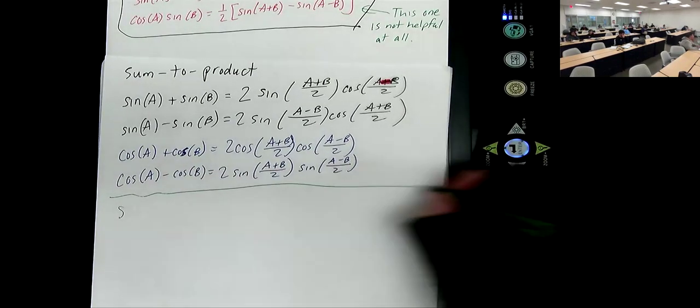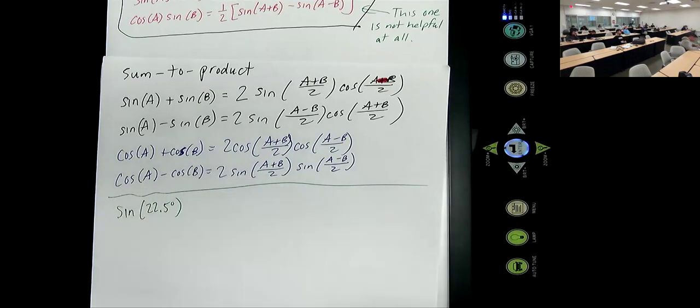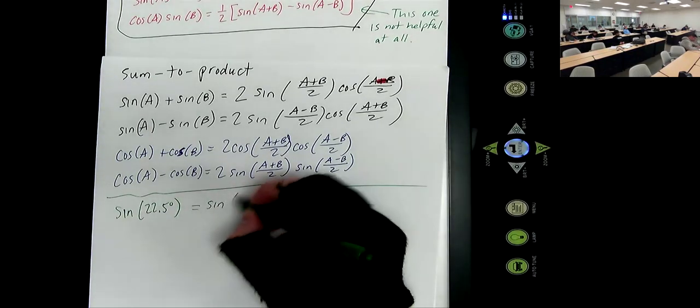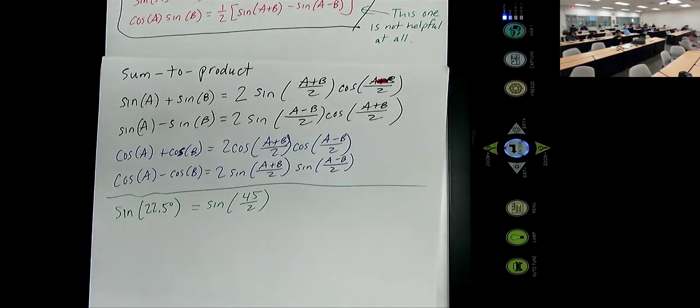So if I wanted to find sine of 22.5 degrees without a calculator, 22.5 is the same thing as 45 divided by 2. So I'm gonna use the half angle formula on 45 degrees.